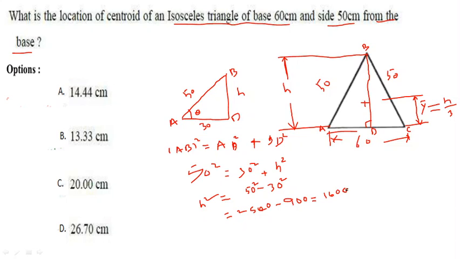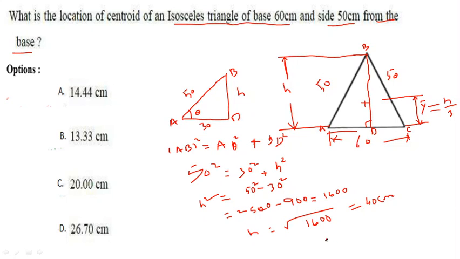So H square is 1600, then H would become under root of 1600. It is equal to 40. So the height we got from this simple calculation is 40 centimeters.